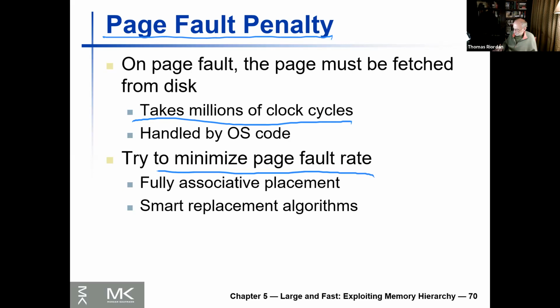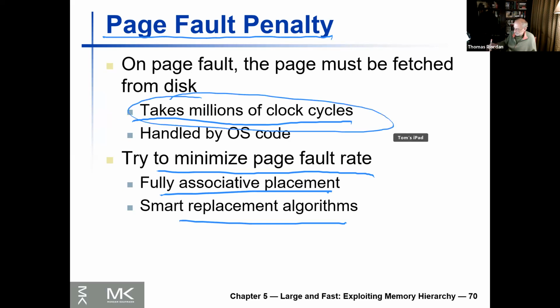So we're going to do the smartest thing that we can, which is pretty easy, because the operating system is doing this. The operating system can do it fully associative. It can use the best replacement algorithm. It'll do it because it has lots of time, and it'll save a lot of time every time you don't have to go to disk.